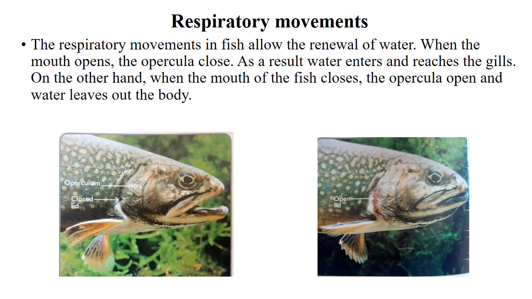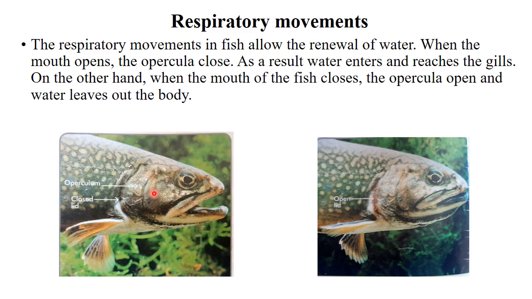How does the fish breathe? The respiratory movements in fish allow the renewal of water. When the mouth opens, the opercula close. Opercula is the plural of operculum. Okay? So when the mouth of the fish opens, the opercula close.